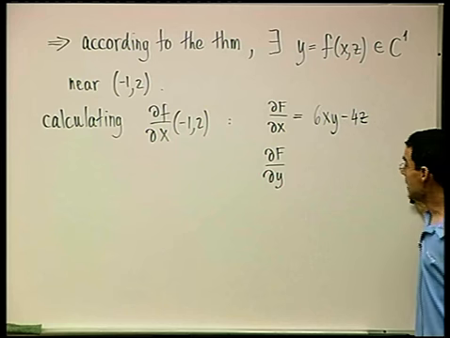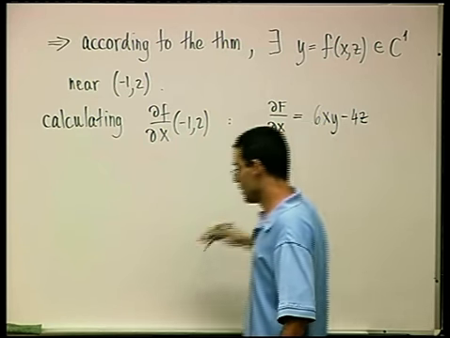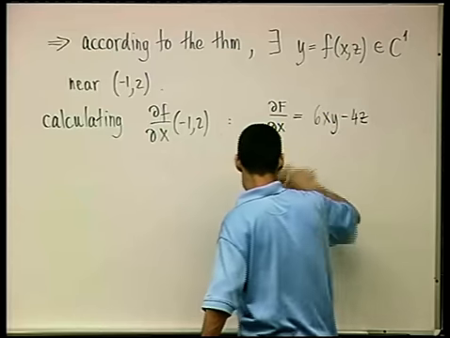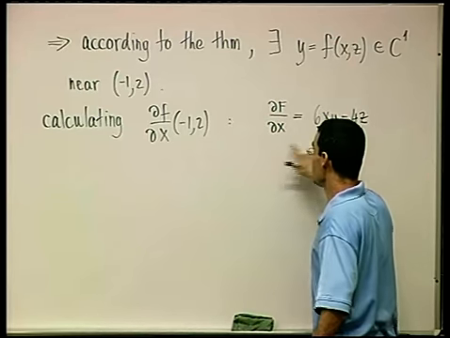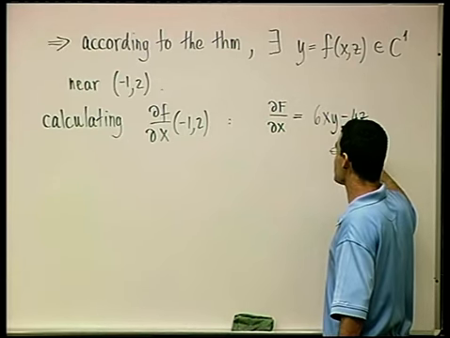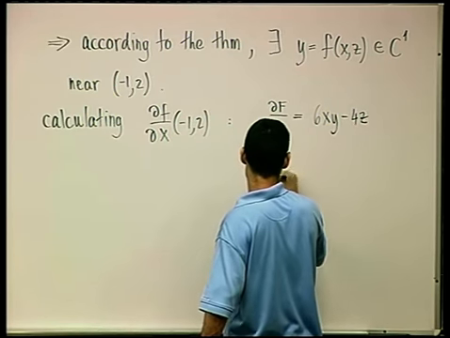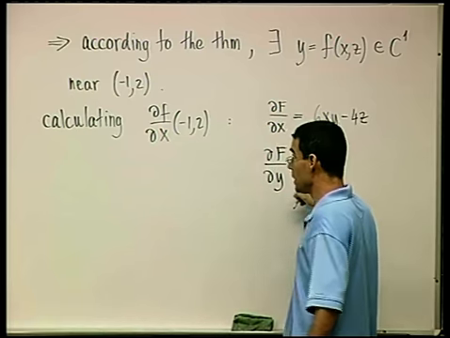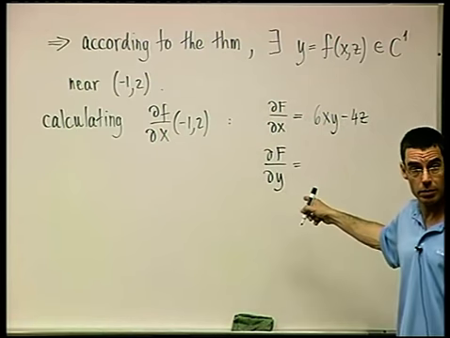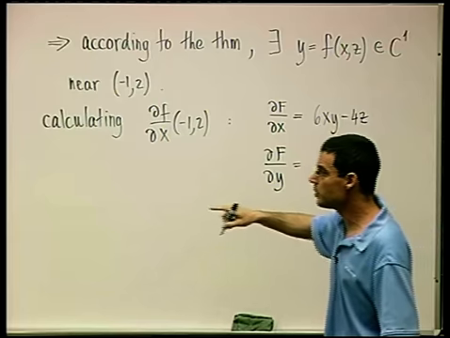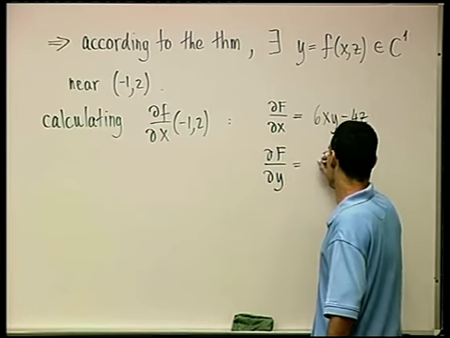Everybody? And the derivative with respect to y, we already calculated in the previous board in order to verify that it's non-zero, remember? So the derivative with respect to y was 3x squared minus z squared.